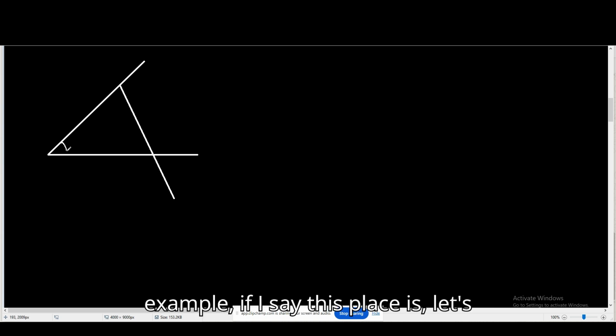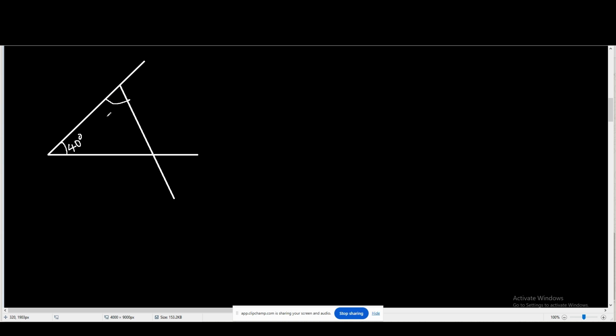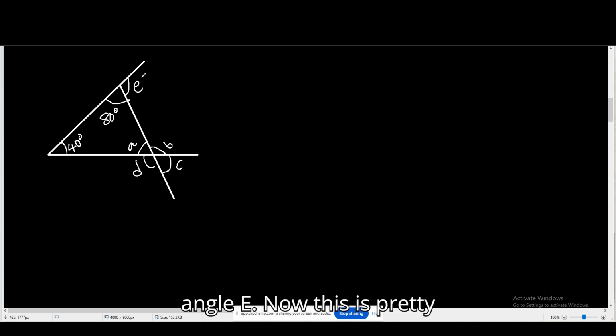For example, if I say this place is 40 degrees, and this place is 80 degrees, then I ask you to find angle A, find angle B, find angle C, find angle D, and find angle E.